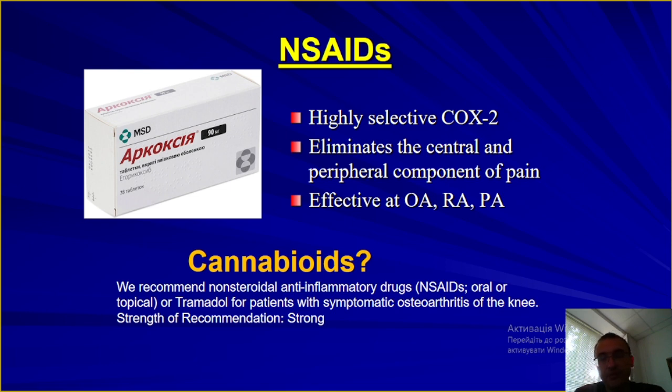In some Western countries, cannabinoids are widely used for patients with severe osteoarthritis, with chronic pains. It allows them to receive a good anti-inflammatory analgesic effect, using cannabinoids topically as different ointments, and systemically as a drug.